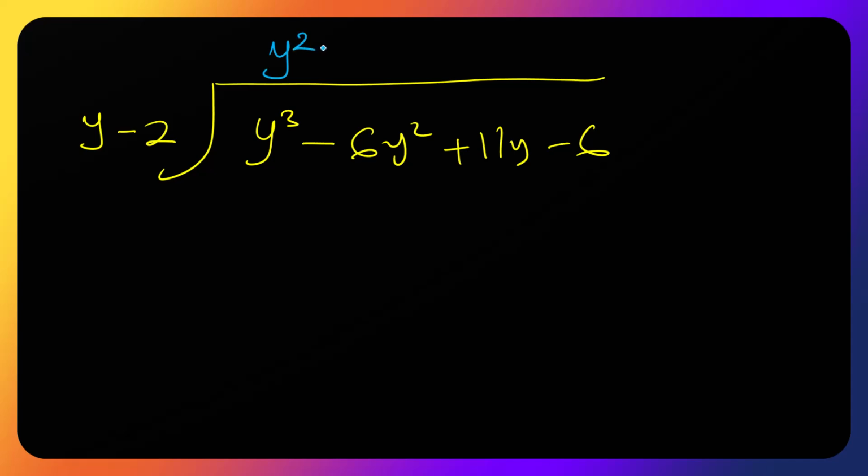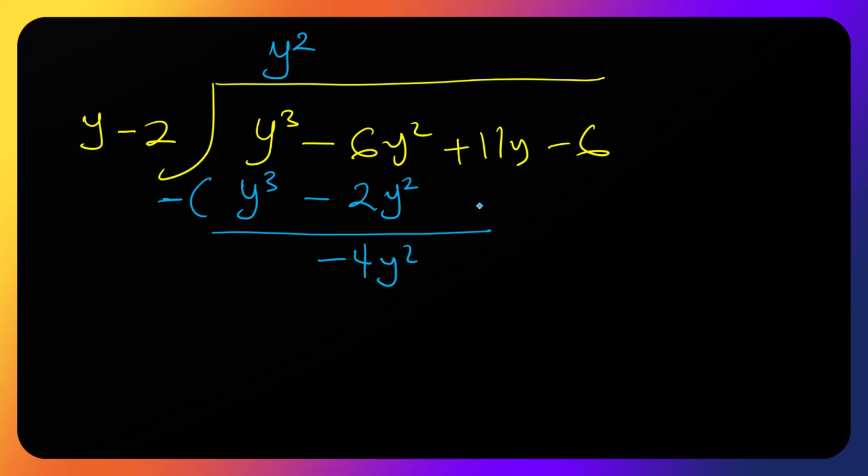And this y squared will multiply this: y squared times y will be y cubed, y squared times minus 2 will be minus 2y squared. Let's subtract: this minus that is 0, minus 6 minus minus 2 is minus 4y squared. Now let's bring down plus 11y.